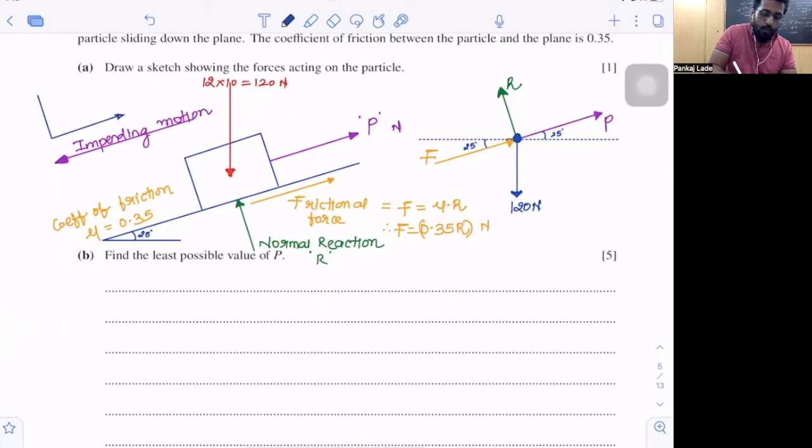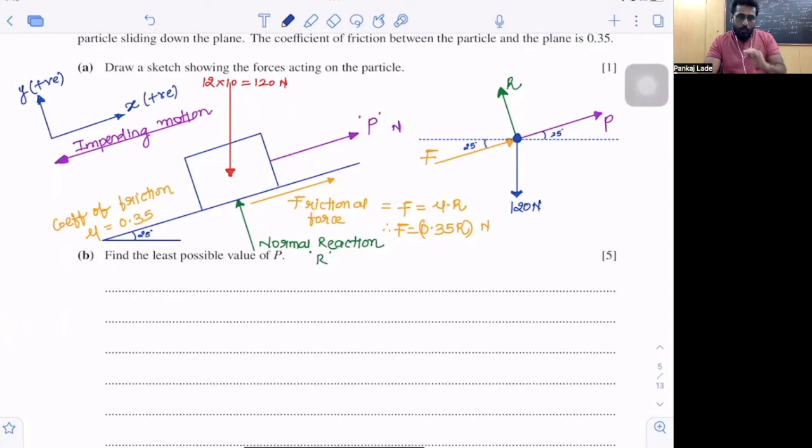Anything which goes up is taken as positive. So this is the positive direction of the x-axis, up along the plane, and anything going up perpendicular to the plane will be taken as positive for the y-axis. You can see that the normal reaction is along the y-axis, the frictional force is along the x-axis, and P is along the x-axis.